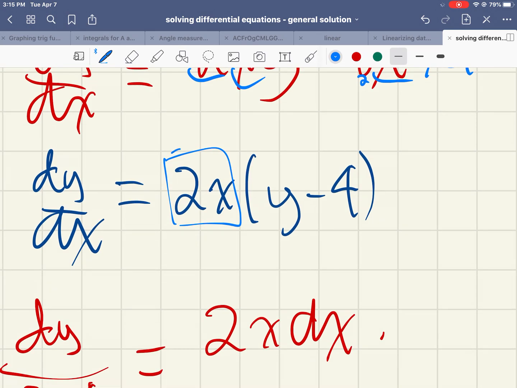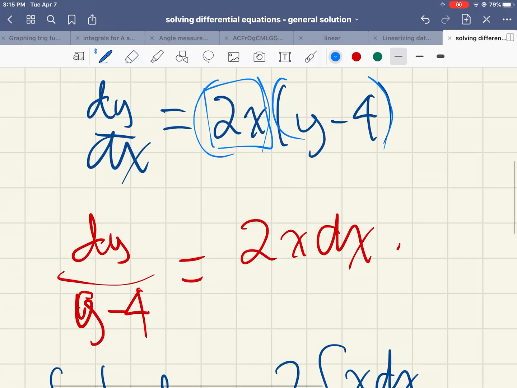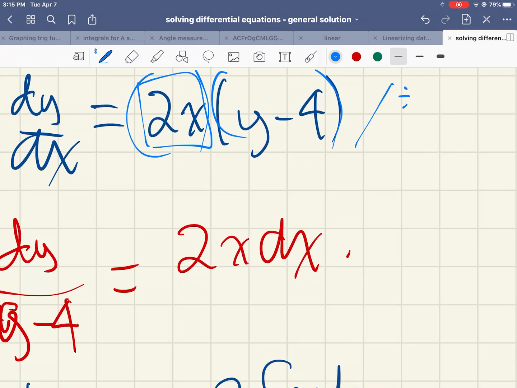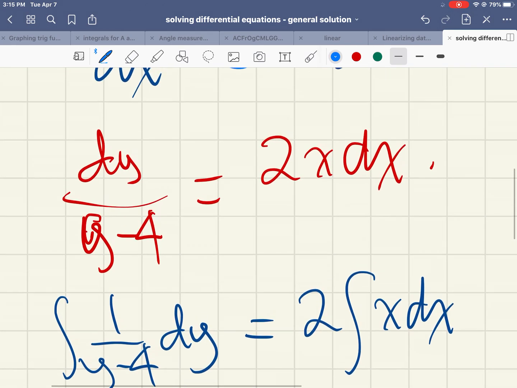Now I have a factor here, which has only x's. I have a factor here, which has only y's. So what I do is divide both sides by y minus 4 and multiply both sides by dx. Okay, so I do that. Then I'm left with this.